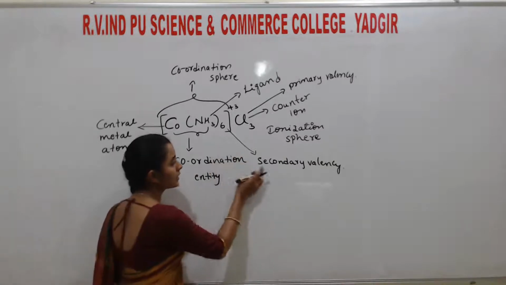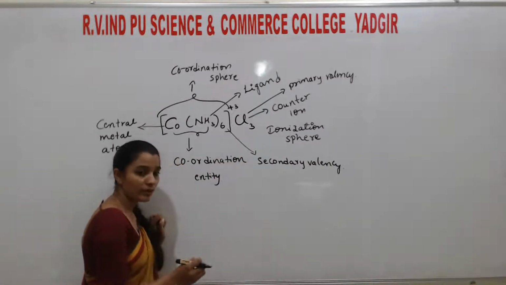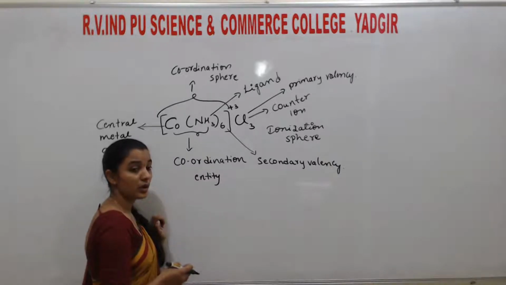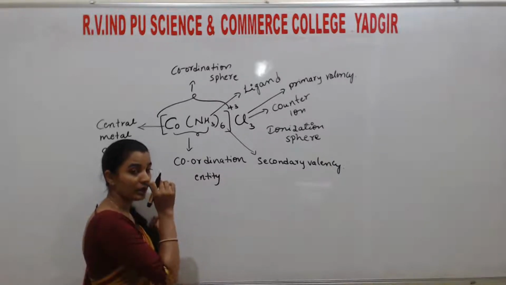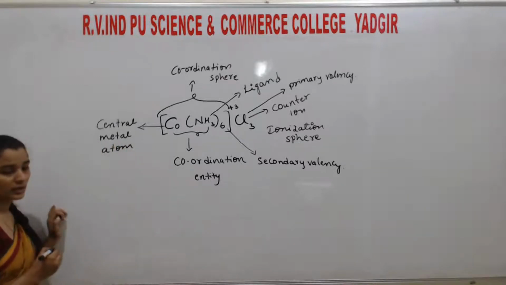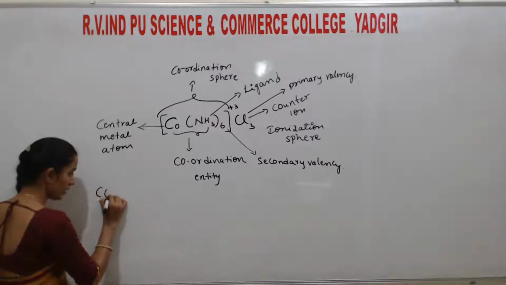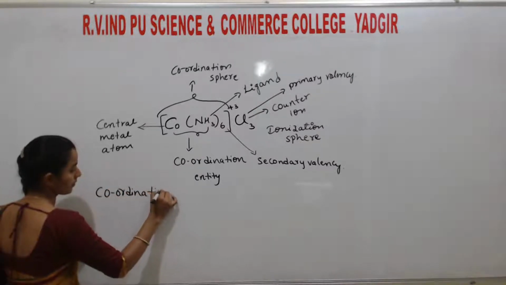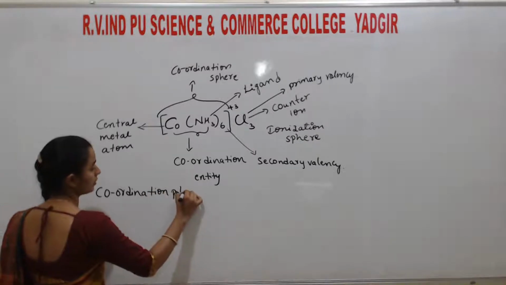Next, what is secondary valency? The number of ligands which are bonded to the central metal atom is called secondary valency. These are the terms we often use. Another one is there, that is coordination polyhedron.